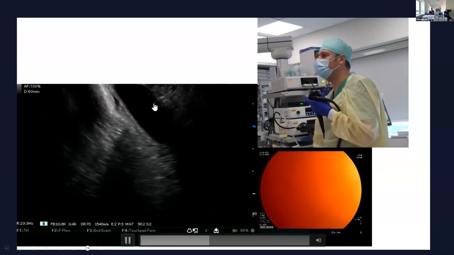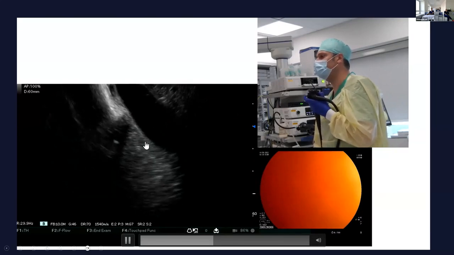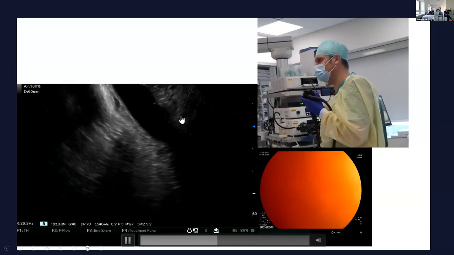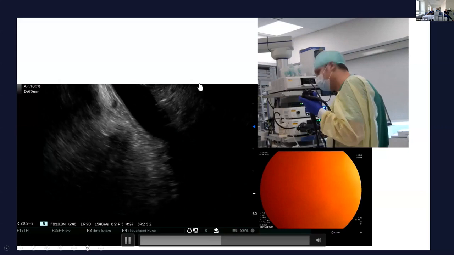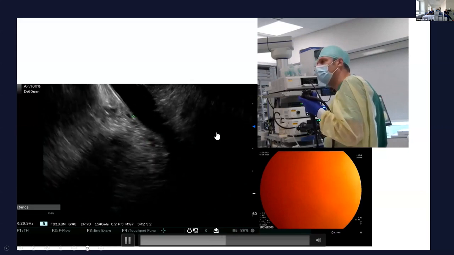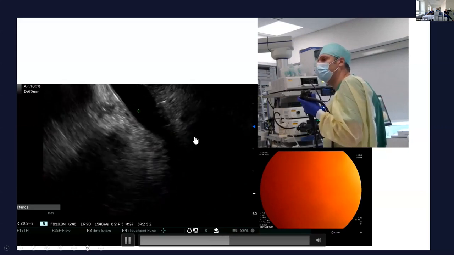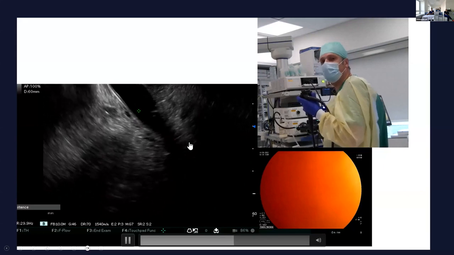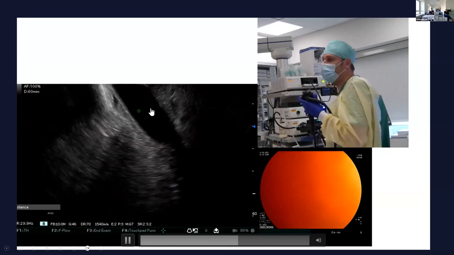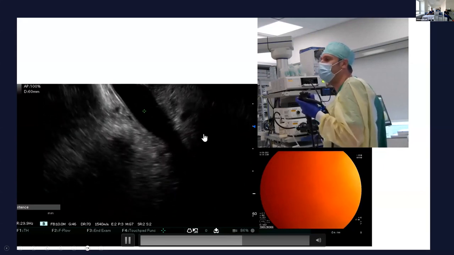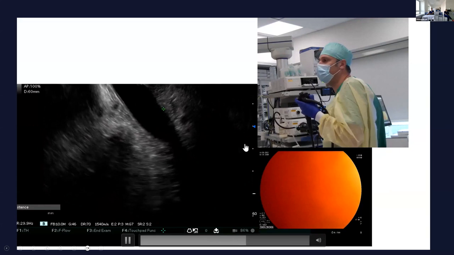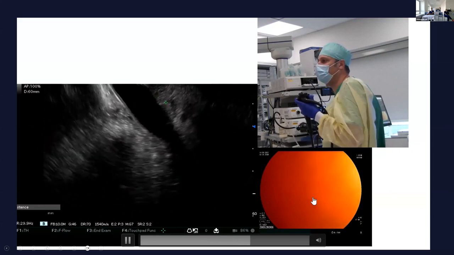So what you see here is indeed the aorta. So you have to look for this aorta, and next to the aorta, you will find a region of the pancreas, which is the uncinate process. And you really have to look for the aorta to be sure that you're indeed visualizing the pancreatic parenchyma over there.